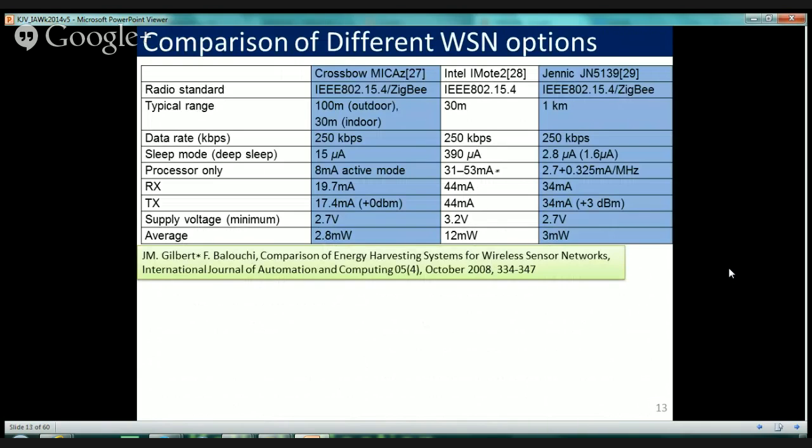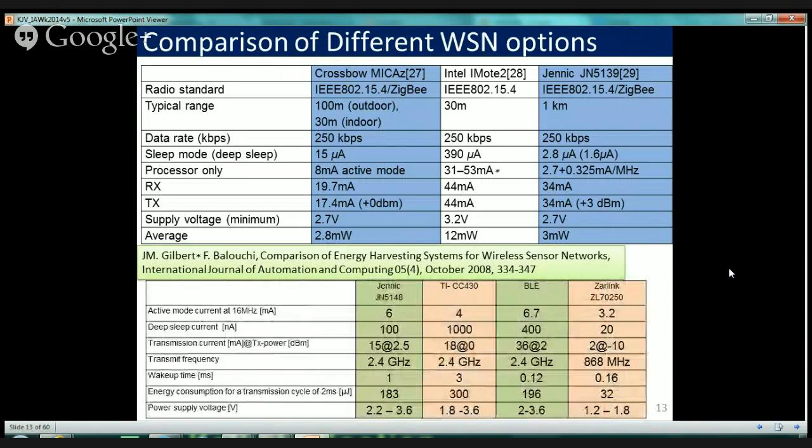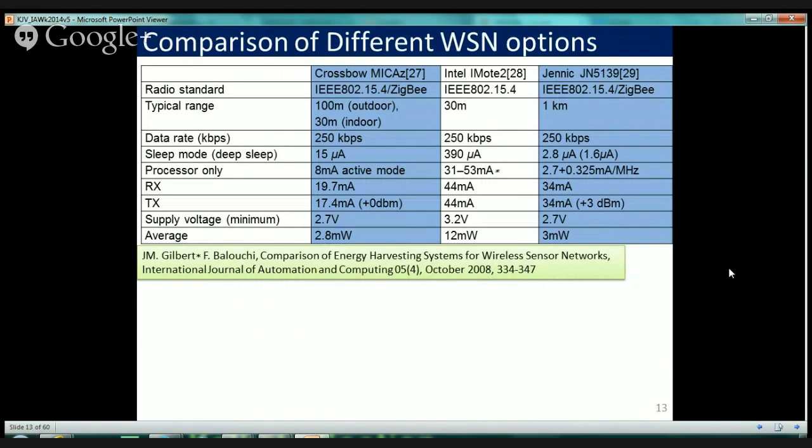So if you really look at the power requirements for a typical wireless sensor network mote, as they call it, there are several of them available. One comparison is shown here, and if you look at it, you need currents in the order of milliamperes at about 3 volts to make this work. That would basically translate to some milliwatts to make this work.